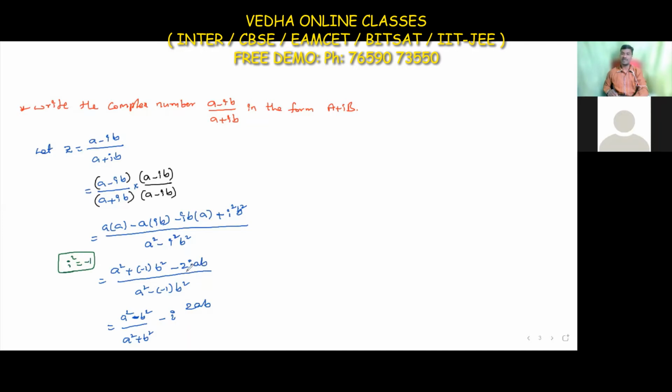We have 2ab there, but we want plus in the middle, in the a plus ib form. So keep plus in the middle and take the minus sign, divided by a square plus b square.